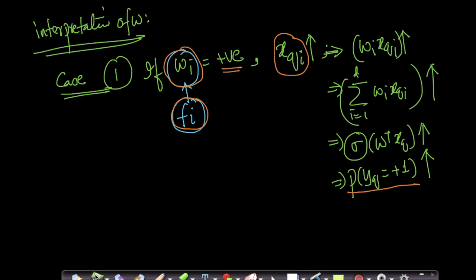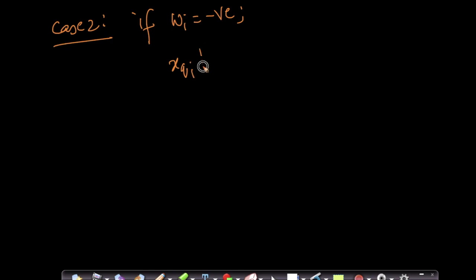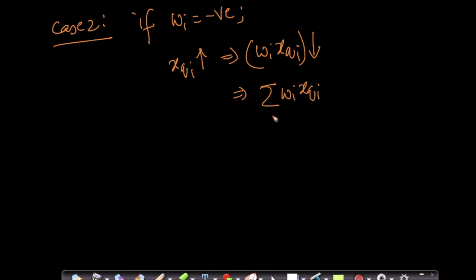Now we should also remember case 2. What is case 2? What if wi is a negative value? Then as xqi increases, wi xqi will decrease, because this is a negative value. This whole thing will decrease. If this is decreasing, then the summation of wi xqi, i going from 1 to d, also decreases.